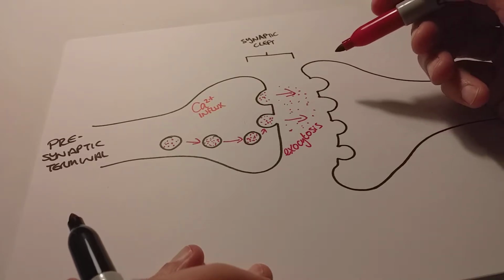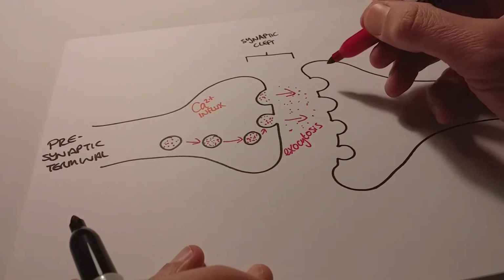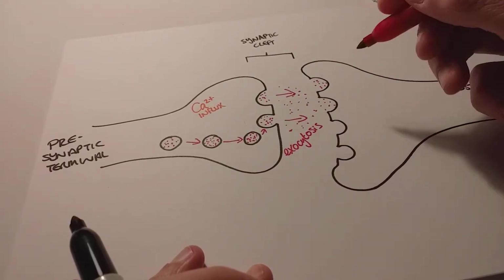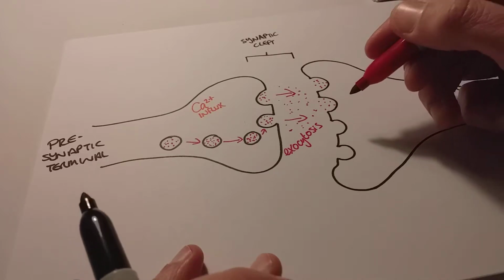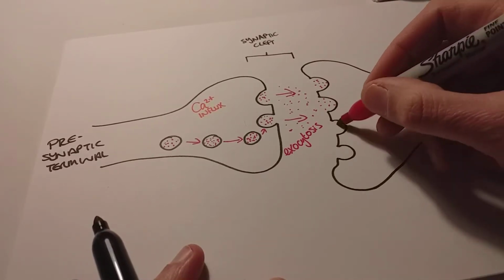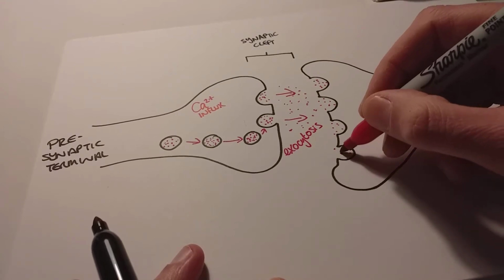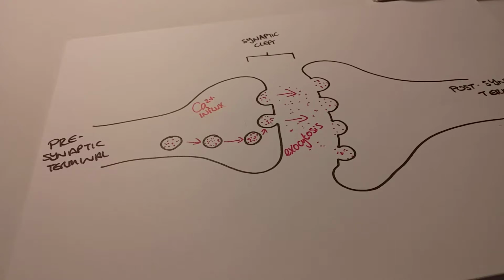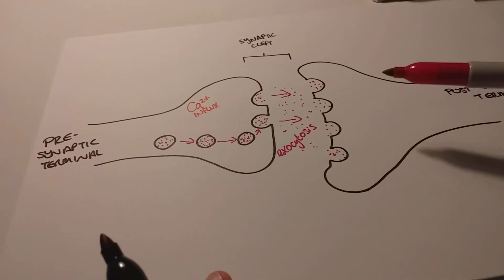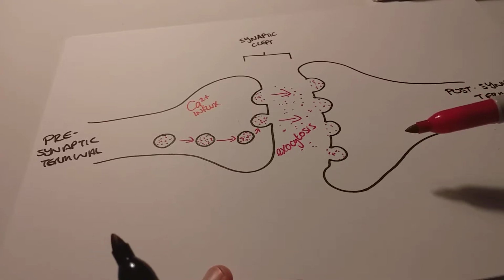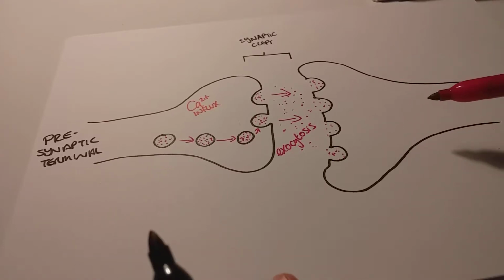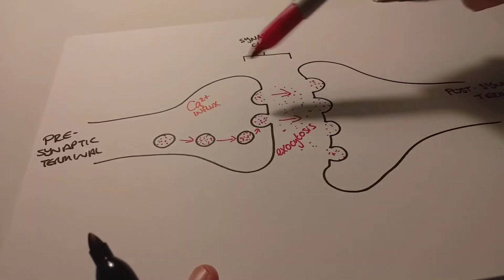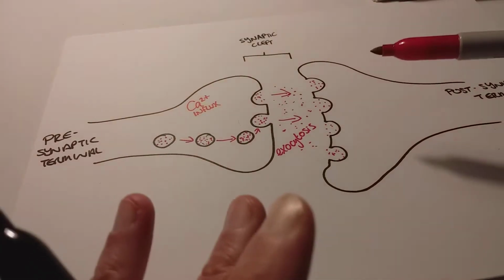So these neurotransmitters bind to and activate the postsynaptic terminal, what they call receptor sites. So whether or not an action potential actually occurs depends upon the sum of inhibitory or excitatory neurotransmitters that actually make it across the synaptic cleft.